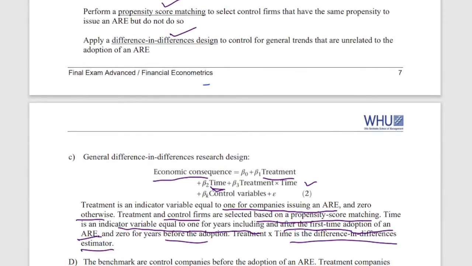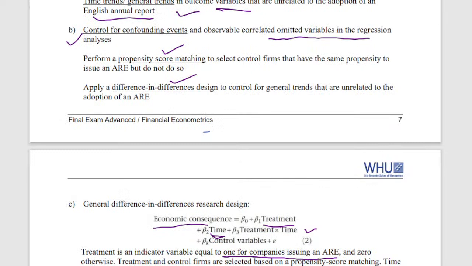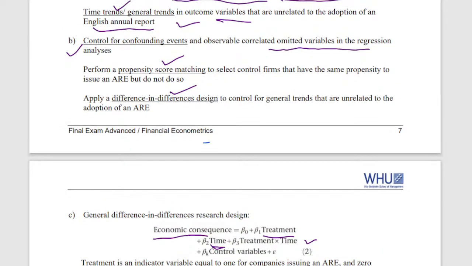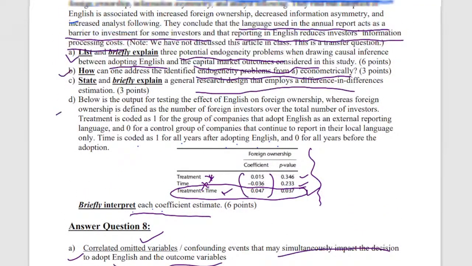Now, treatment companies have 4.7% more foreign owners compared to control companies relative to the pre-adoption period, and this difference is statistically significant. So this data, 1.5, 3.6, and 4.7, all of them have been given here.